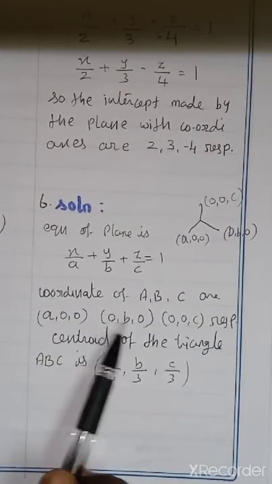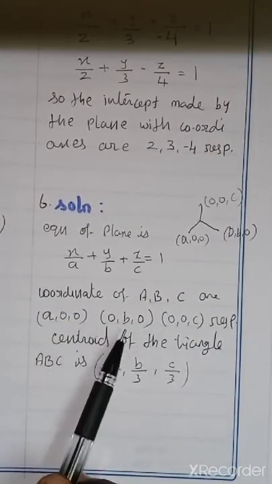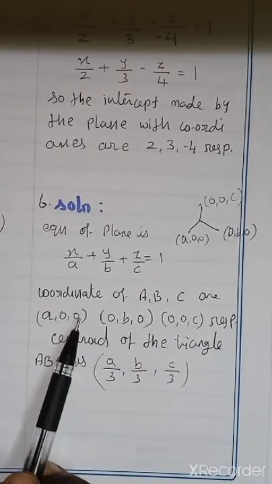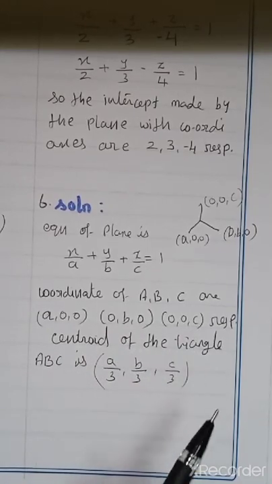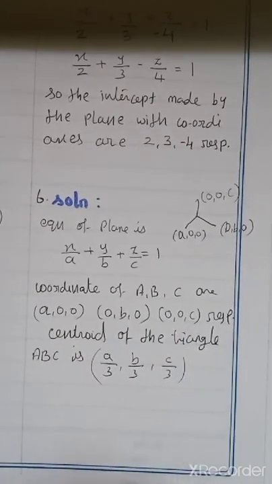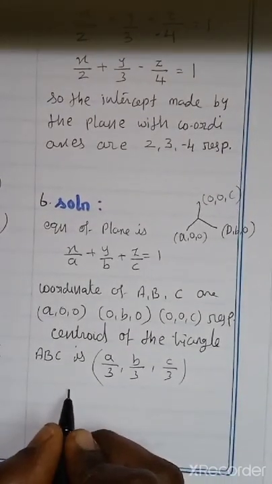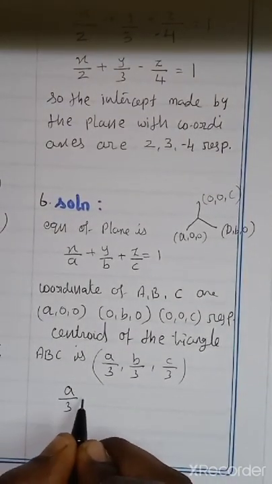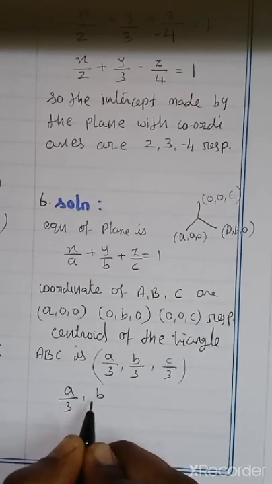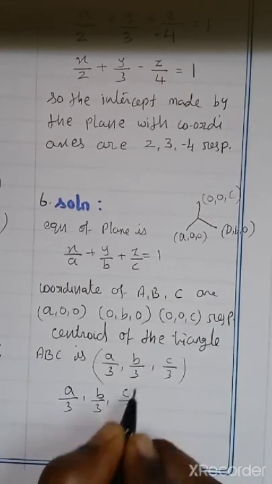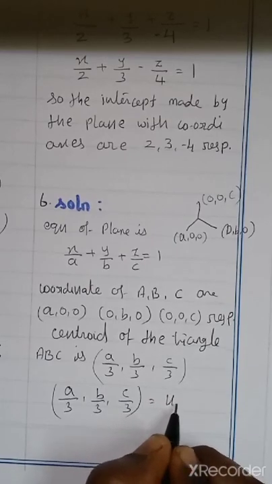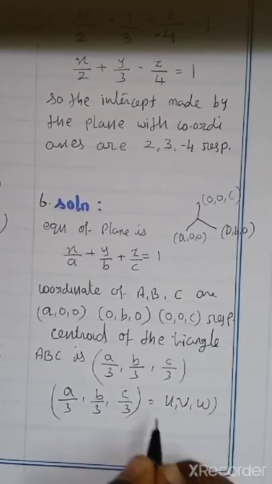A plus 0 plus 0 by 3, 0 plus B plus 0 by 3, 0 plus 0 plus C by 3. You have to use the centroid formula. And this one is given in your book as (u, v, w). So we can equate that: A by 3, B by 3, C by 3 equal to (u, v, w).